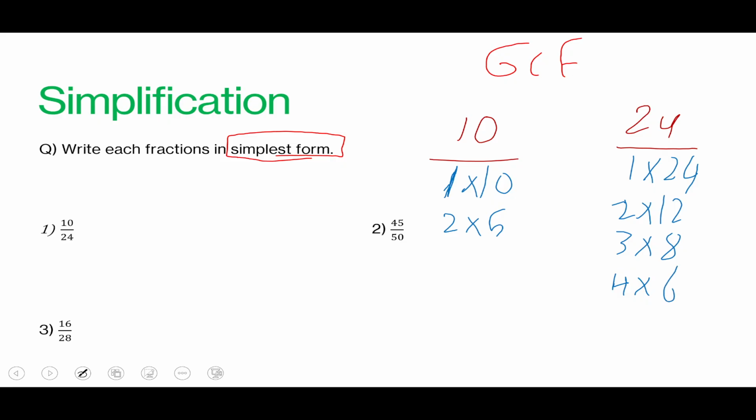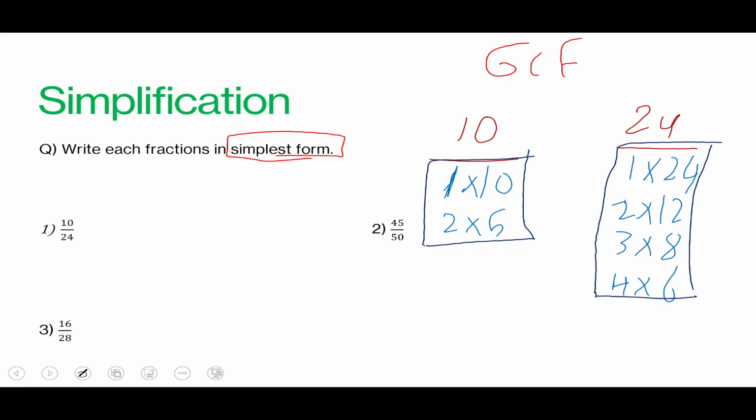So what is a common number between these two lists of factors? 1 is a common one, and there is one more factor common between these two lists, 1 and 2, but I say the GCF, the greatest one, the biggest number, it's 2. So for simplifying, we always use division.